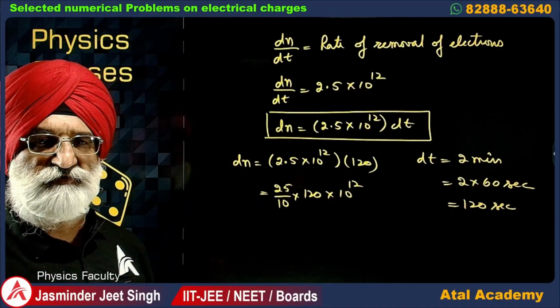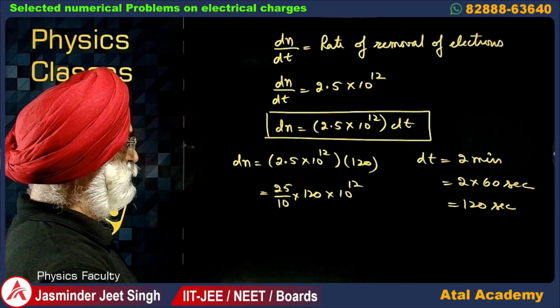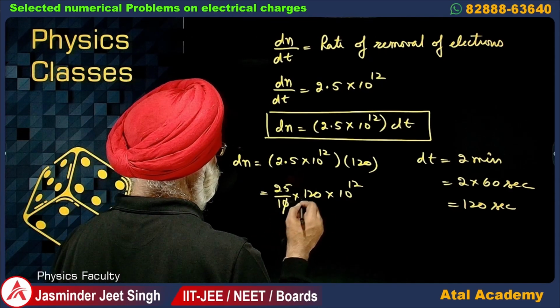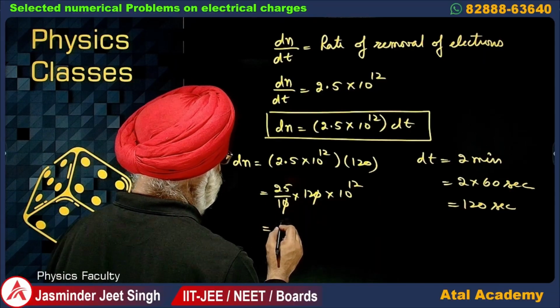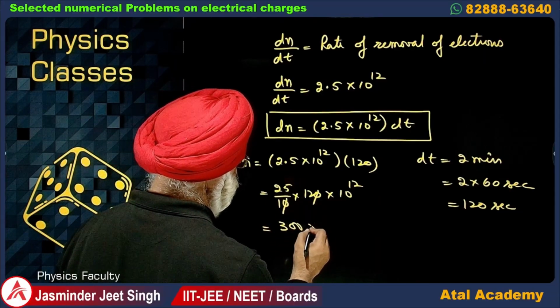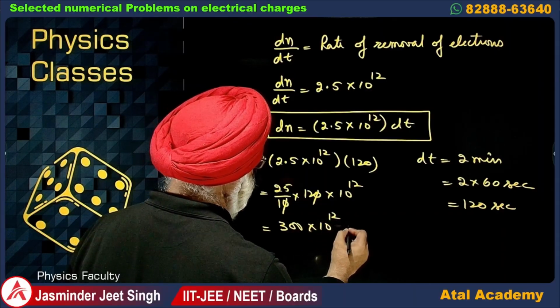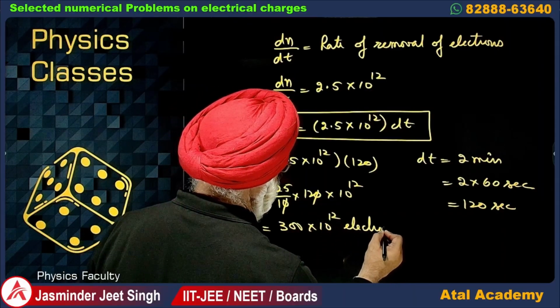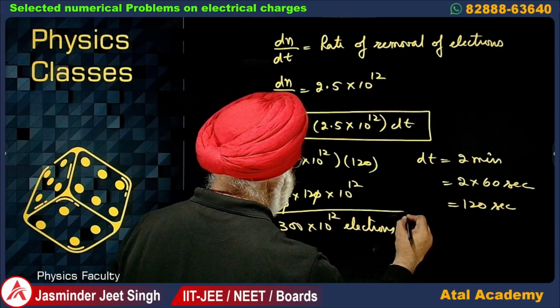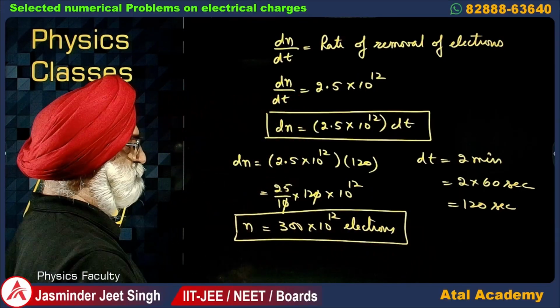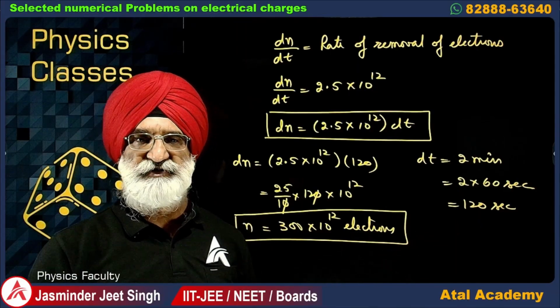If you solve it, the 0 will cancel. 25 into 12 is 300 into 10 to the power of 12 electrons. That means 300 into 10 to the power of 12 electrons are being removed in 2 minutes.